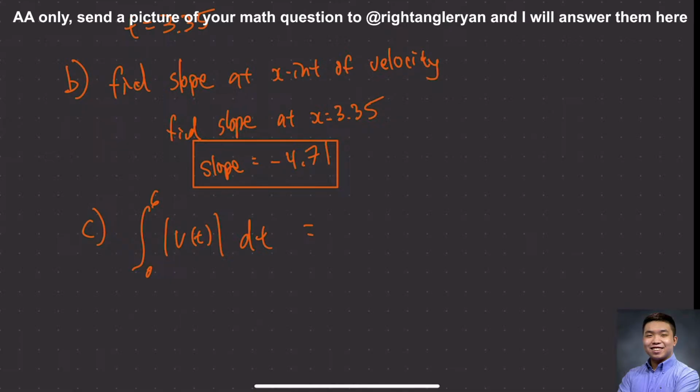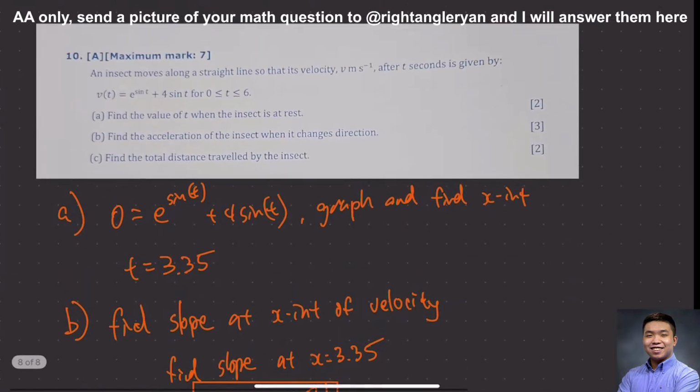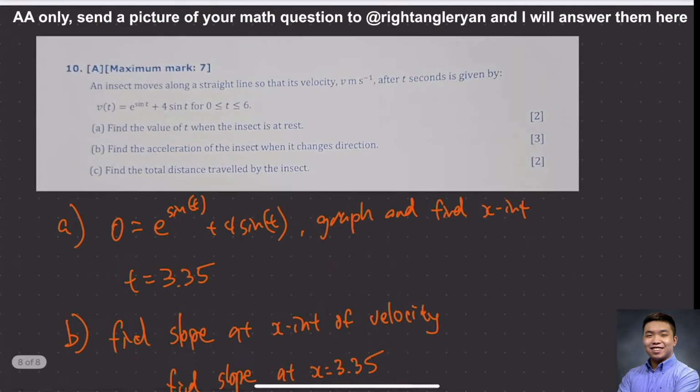Is Wolfram down right now? Oh, no, it's not down. Integrate from 0 to 6 of the absolute value of e to the sine x plus 4 sine x dx.